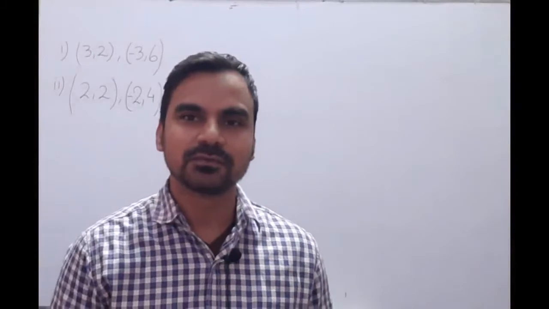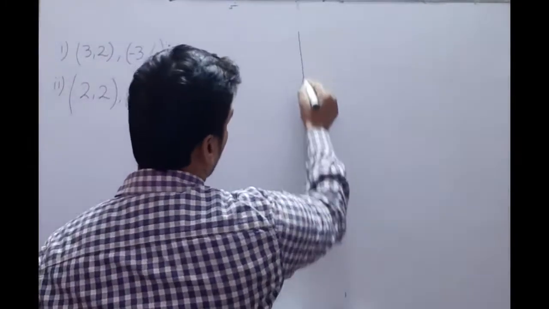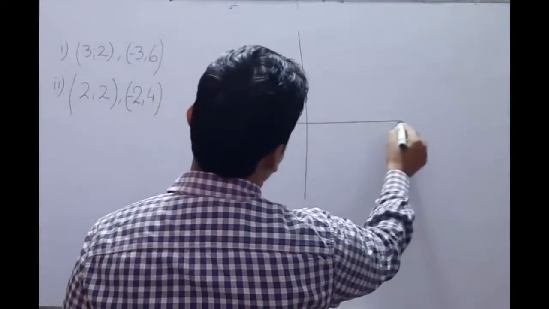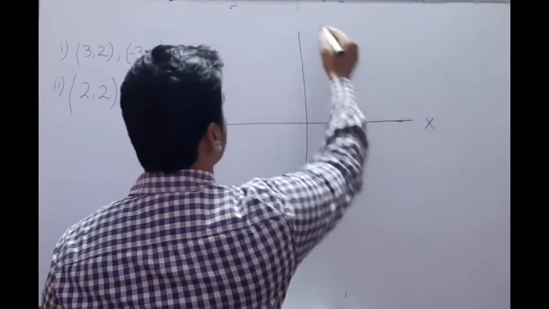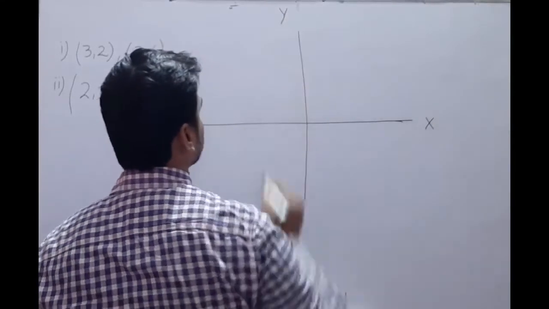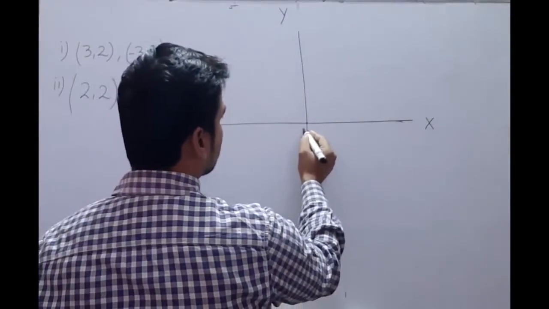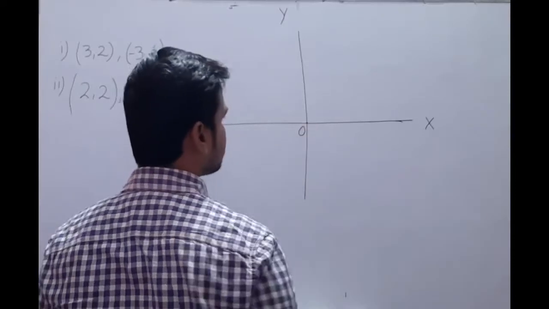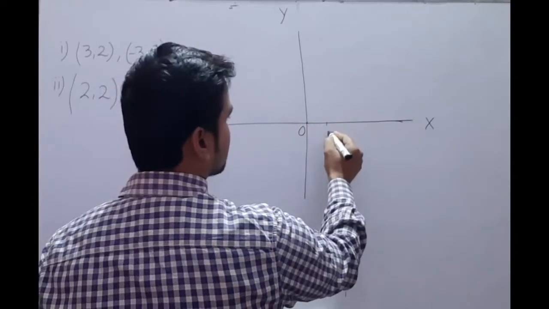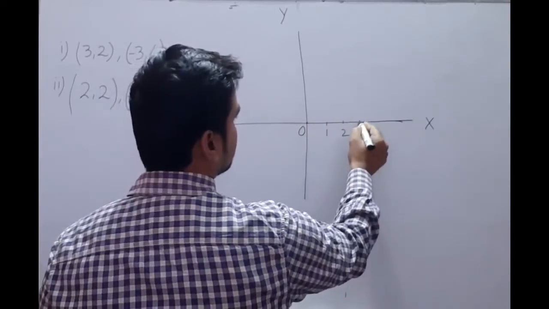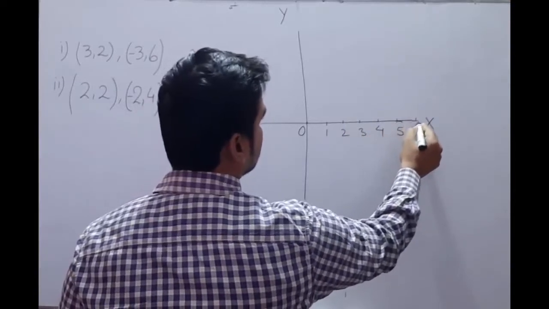So now we plot a graph. For the graph, we take two straight lines. The horizontal line is taken as the x-axis and the vertical line is taken as the y-axis. The point where these two lines intersect is known as the origin. On the right side of the origin, we take the positive integers 1, 2, 3, 4, 5 and 6.